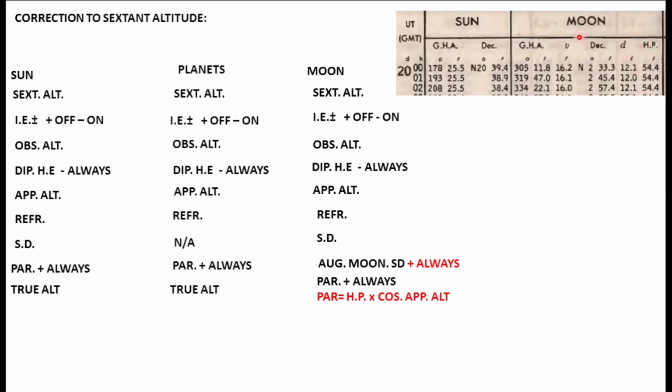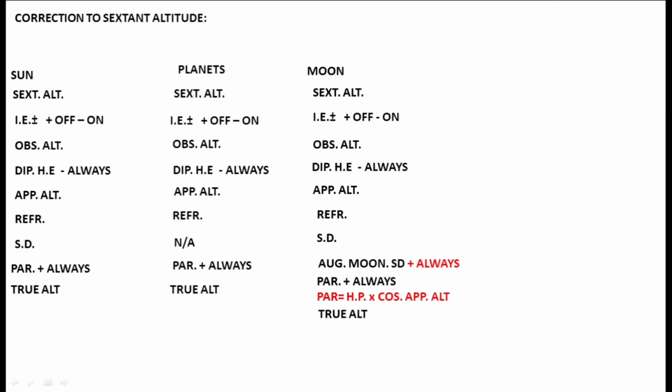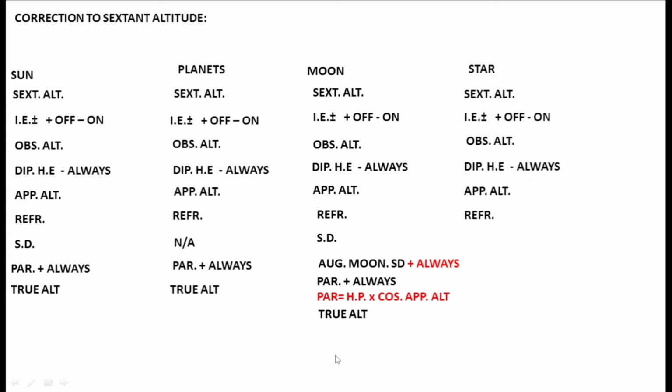So you get your HP from the nautical almanacs, and then you have your apparent altitude here, and you can calculate your parallax and get your true altitude. For stars, the same thing up to apparent altitude, refraction. Again, no semi-diameter, and you get your true altitude.